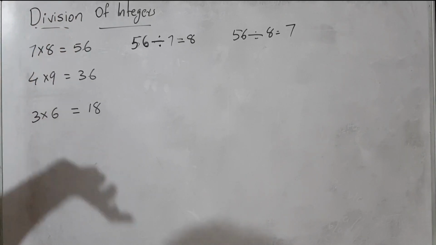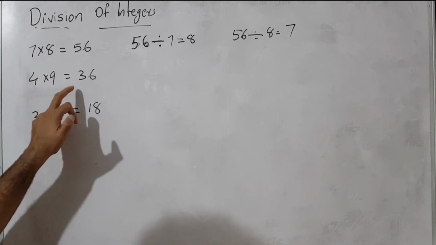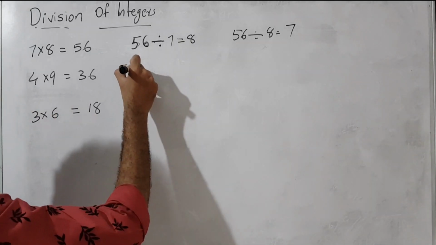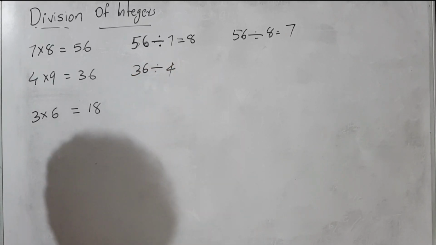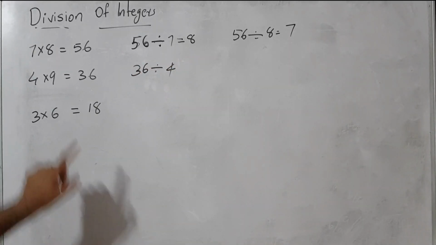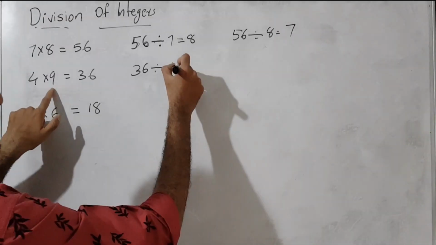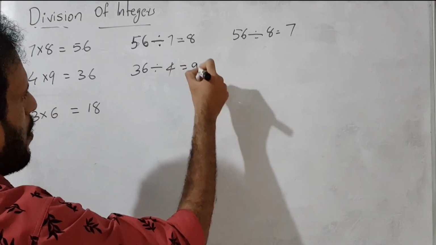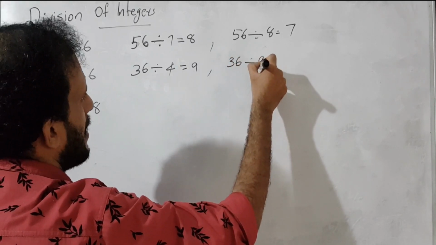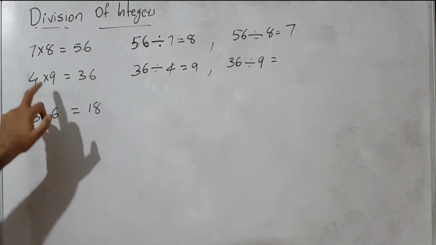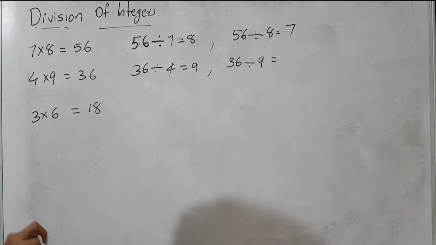So 4 into 9 is equal to 36. What is 36 divided by 4? It is 9. What is 36 divided by 9? It is 4.